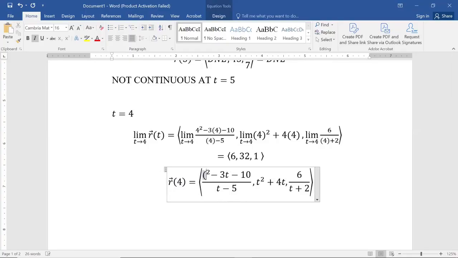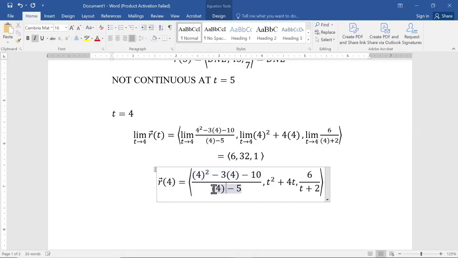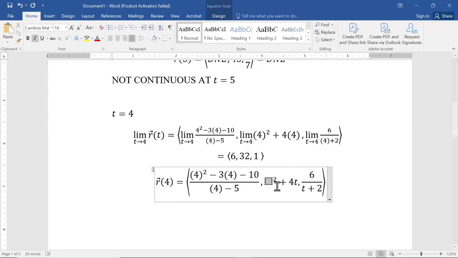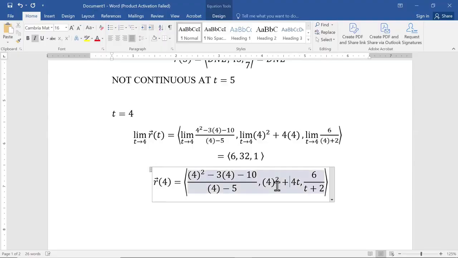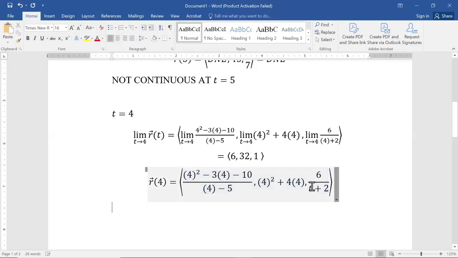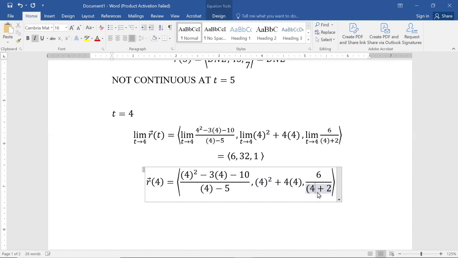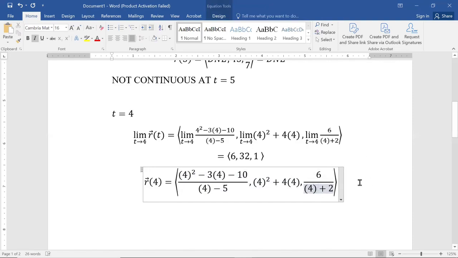I'll just simplify as we're sitting here, in one big step. Obviously, if I was taking notes, I'd probably write down multiple steps here. But plug in 4. And 4 squared minus 3 times 4 minus 10. That's 16 minus 12 minus 10, which gives you a negative 6.